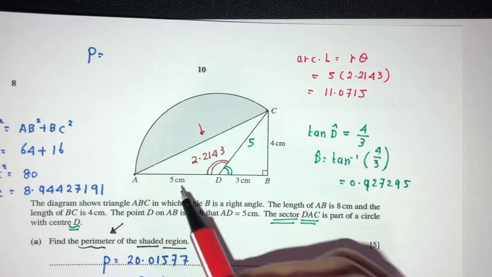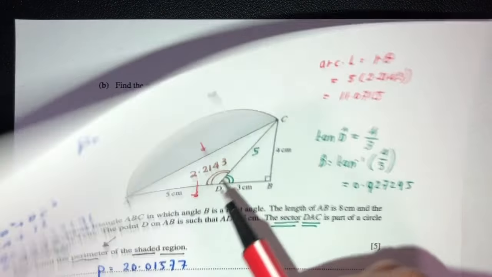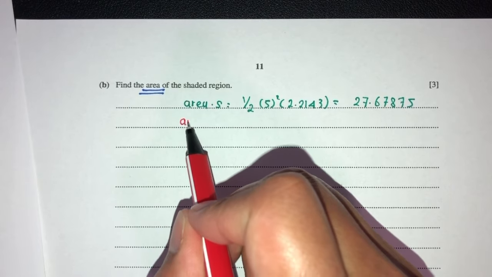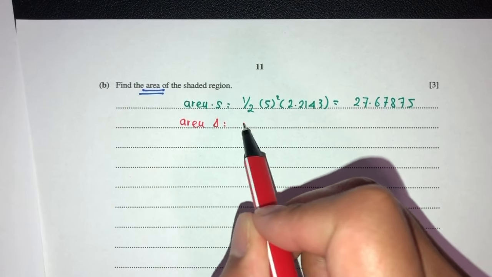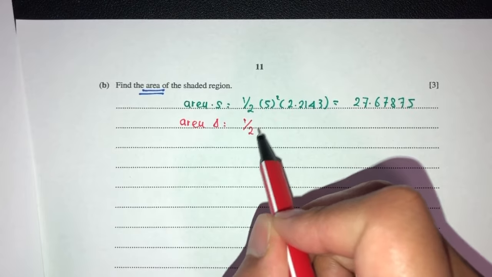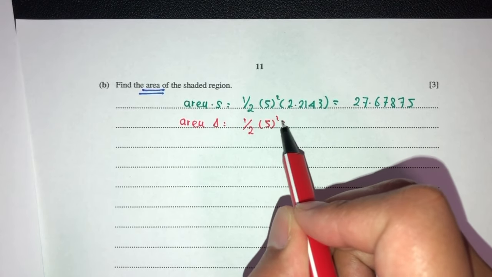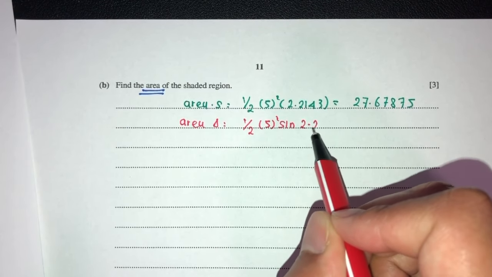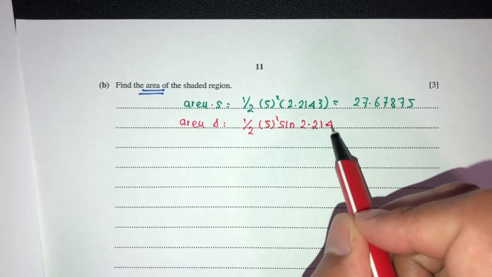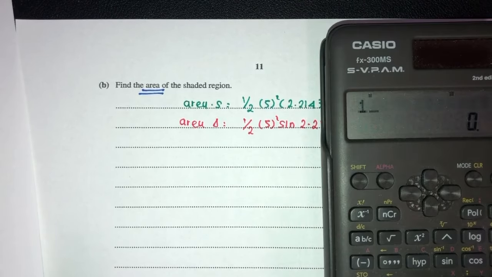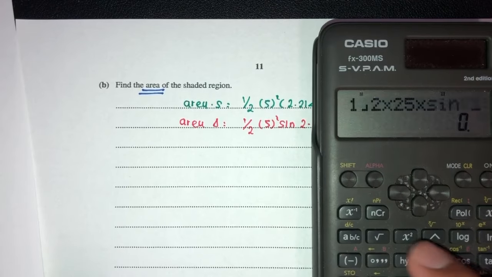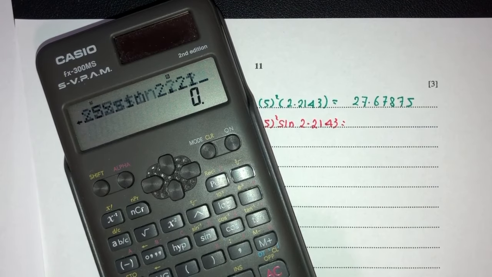Now, we don't need the area of a triangle, so remove this one. How do you find area of a triangle? It is again using your formula, which is half r square, which is 5 square, times sine of the angle in between them for that. So half times 25 times sine of 2.2143.